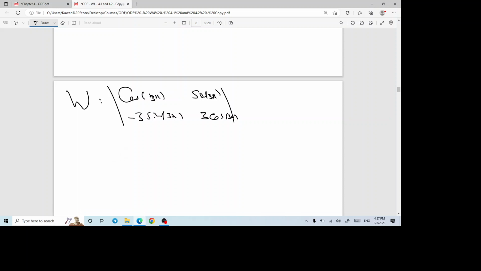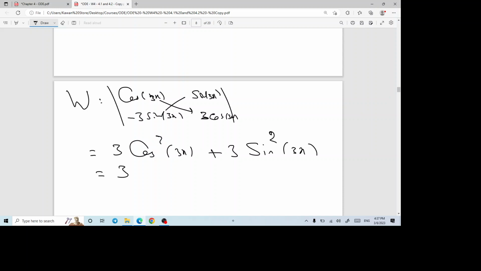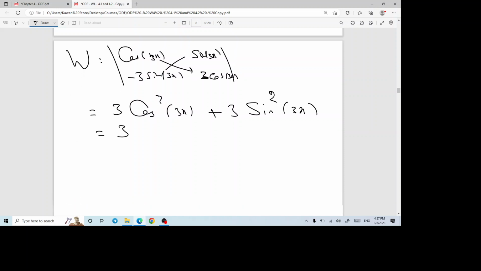Now, W is equal to what? 3 cosine square 3x plus 3 sine square 3x, which is equal to what? 3. Why? Because cosine square plus sine square is equal to 1. That's why.